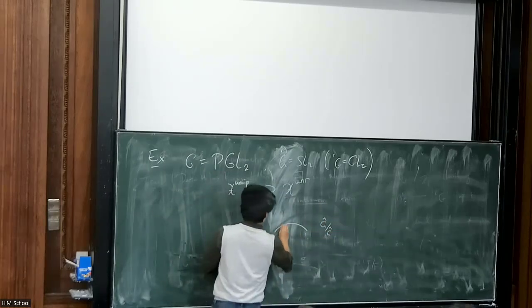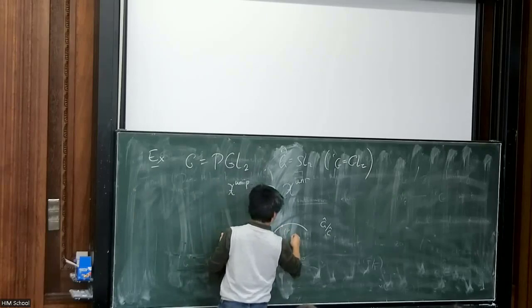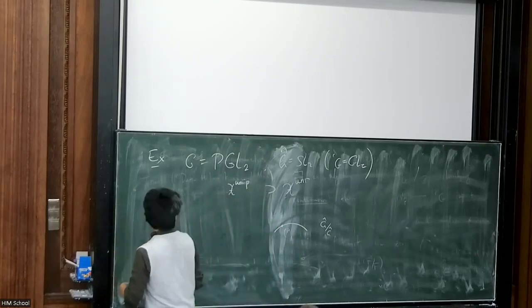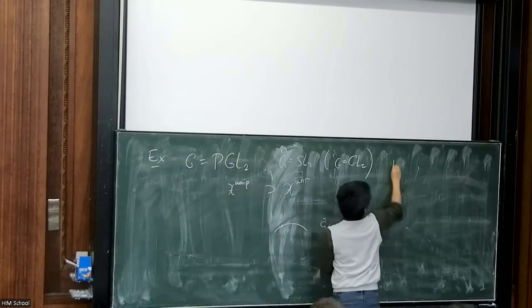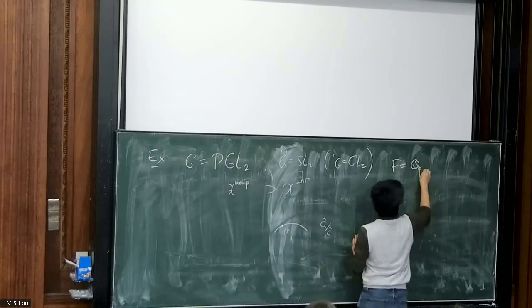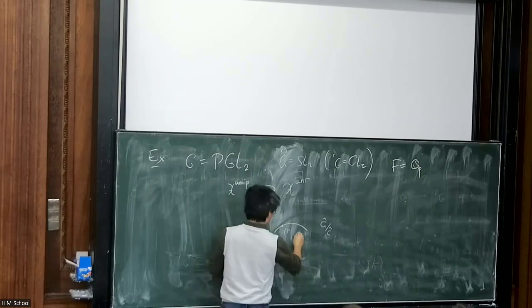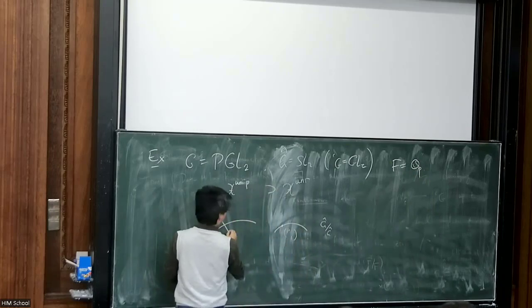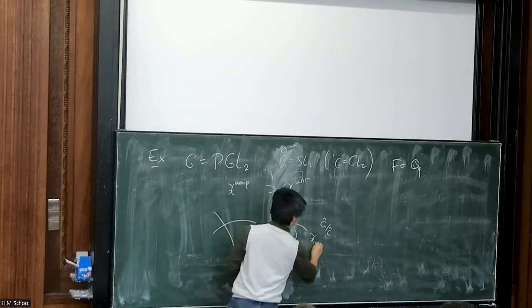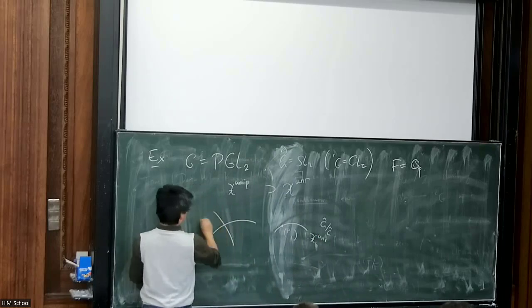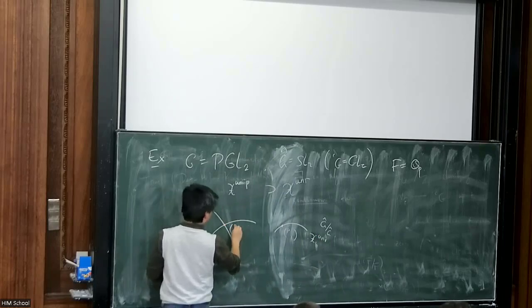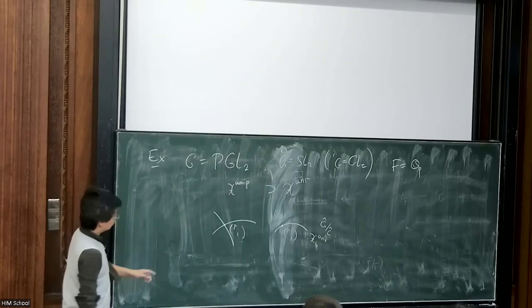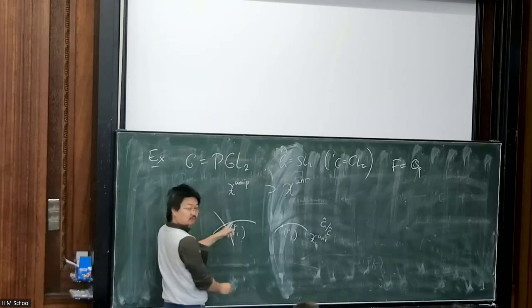So anyway, for example, let's say p is the residue characteristic, and F is just Qp. Over here, it turns out this has another component. So this is unramified, and then it has another component, and they meet at this point, the matrix (1 p; 0 1).